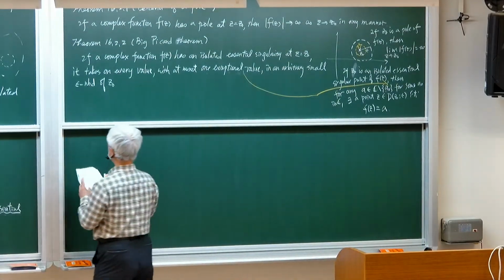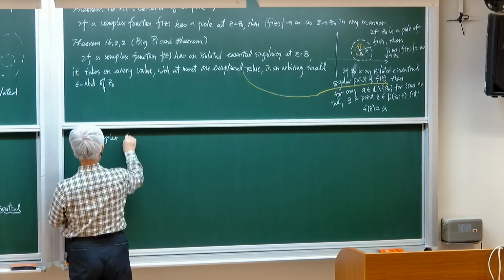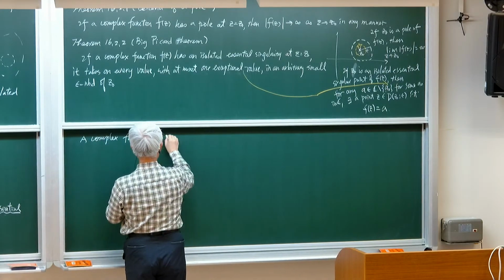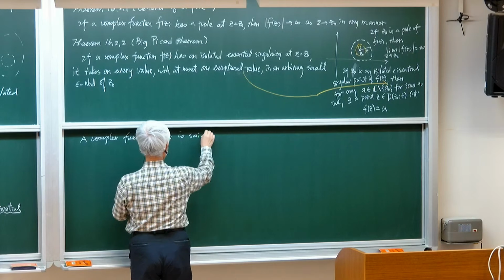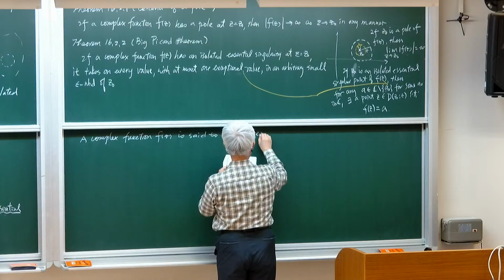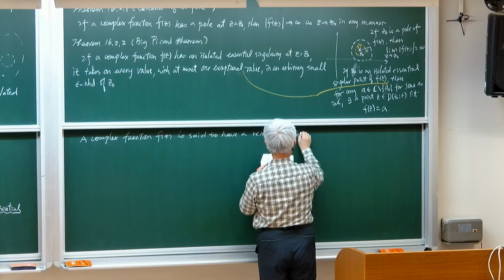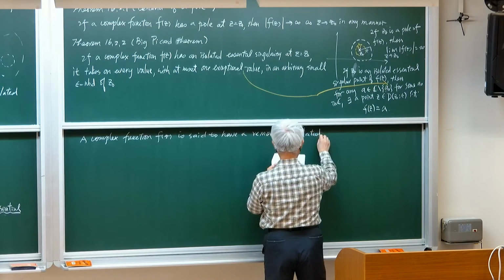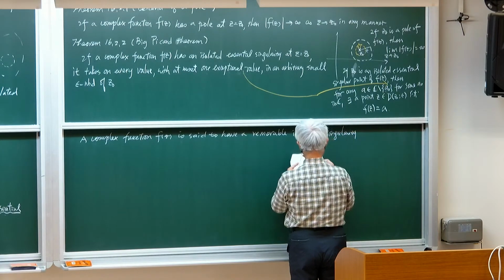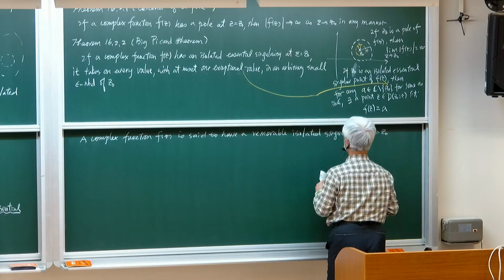All right, and a complex function f of z is said to have a removable isolated singularity at z equal to z0.